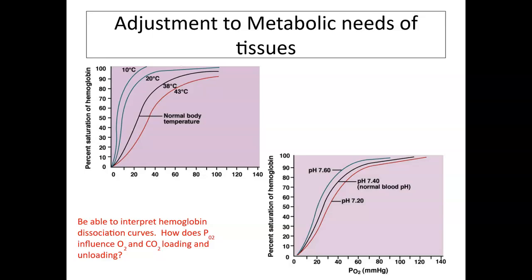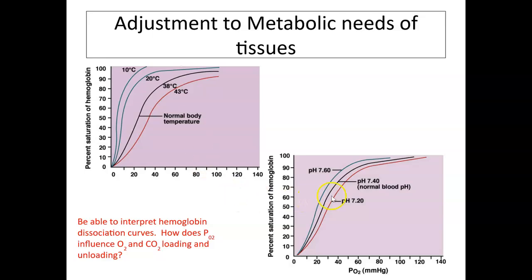As a result, oxygen unloads more readily from the hemoglobin, and the body's tissues will get the oxygen that they need to have energy production occurring at normal rates. So the shift of the curve is crucial for efficient oxygen delivery during times where metabolic demands are increased in the body.